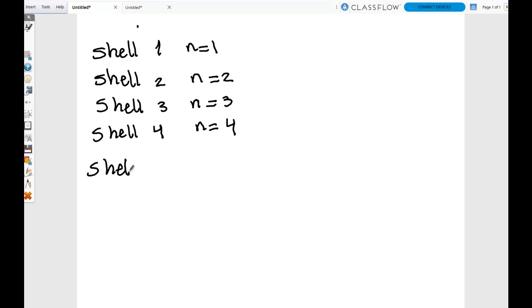Shell 5, n equals 5. The number of electrons in each shell follows this equation or formula: 2n squared. What does that mean?